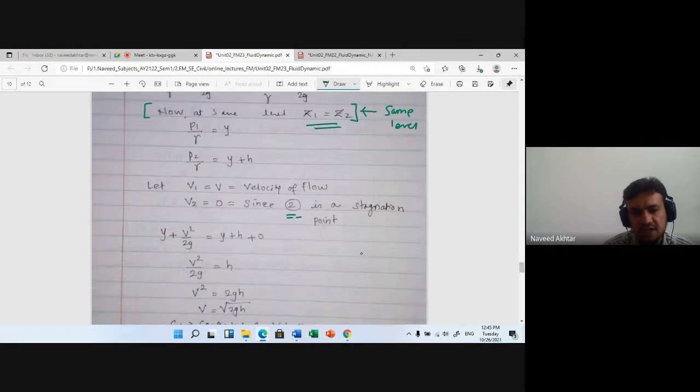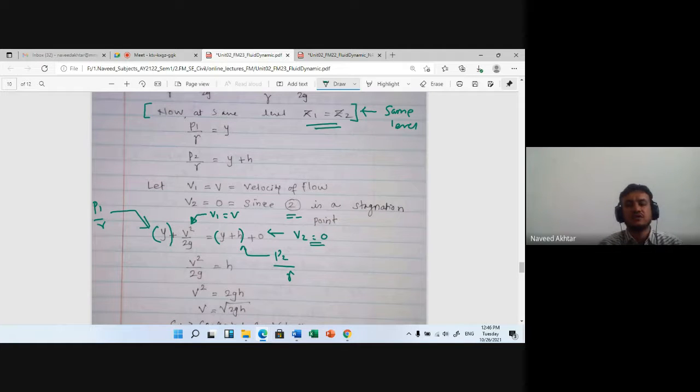Inserting these values: P1 upon gamma is y, and V1 we write as V. So V square upon 2g plus y is equal to P2 upon gamma, y plus h, plus V2 square upon 2g, where V2 is 0, as there is no velocity at the entry.